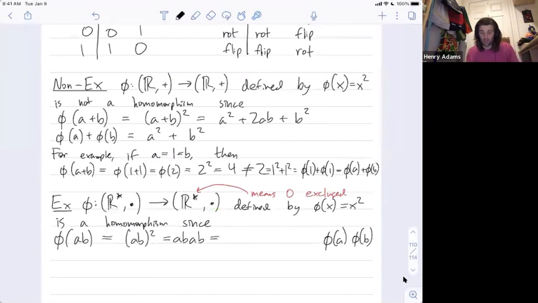But multiplication of real numbers is commutative, so I could write it as a times a times b times b, since we're in the real numbers, which is a commutative group. And this is a squared times b squared, which is phi of a times phi of b.